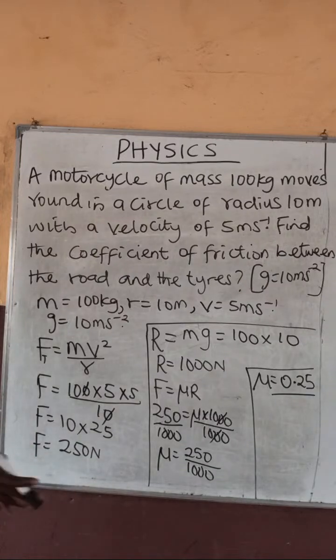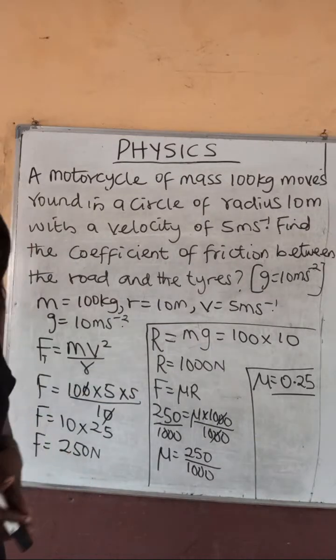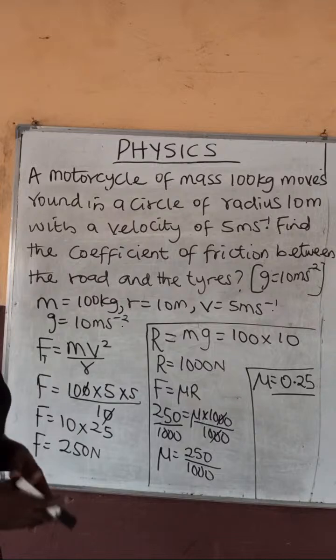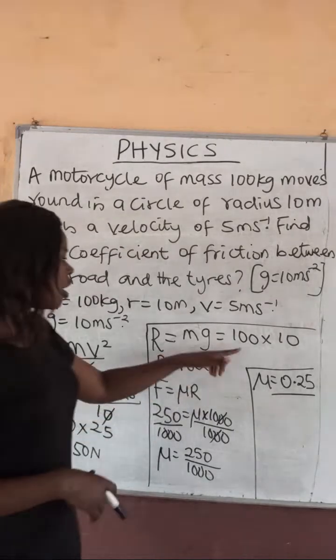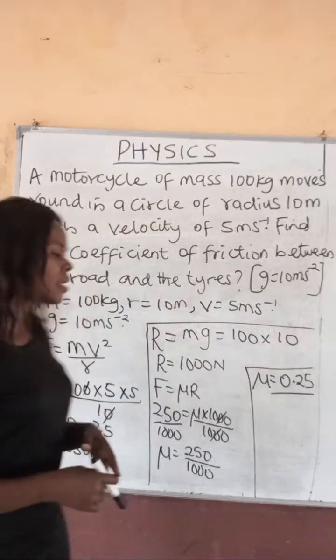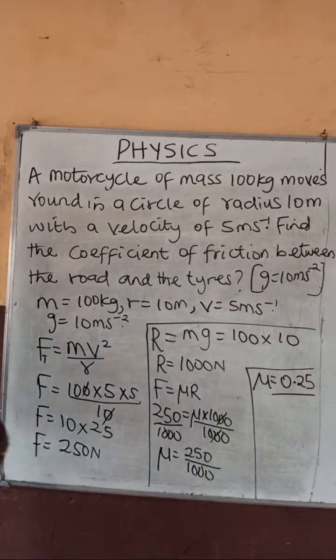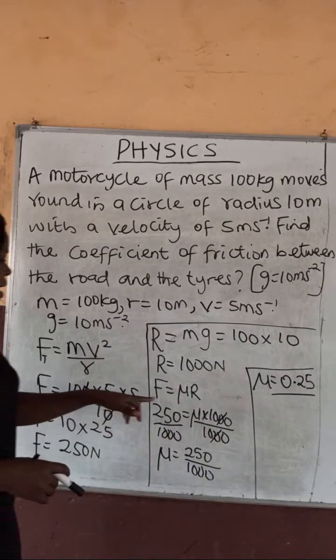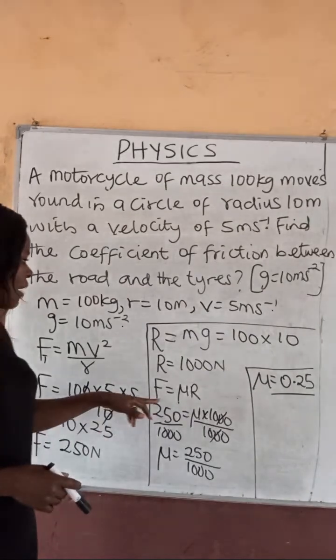Because you're looking for the coefficient of limiting friction, we need to find the reaction force, and reaction is mg. That is 100, which is the mass, multiplied by g, which is 10. We are going to get 1000 Newton. And for us to get the coefficient of limiting friction, F is equal to mu R. What is my force?